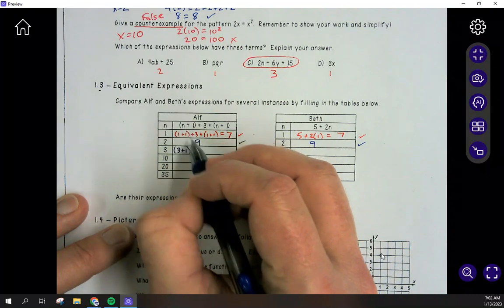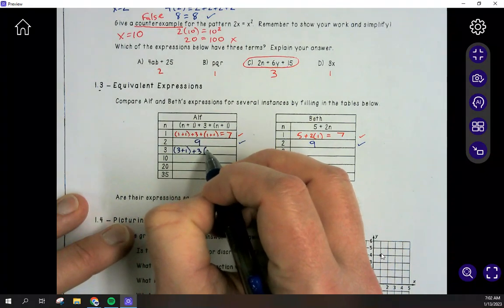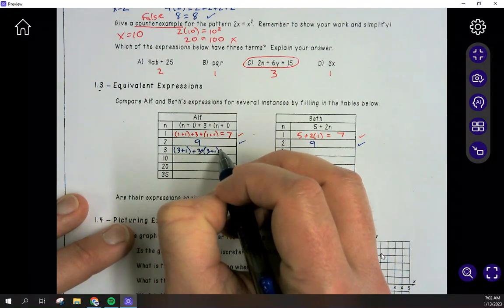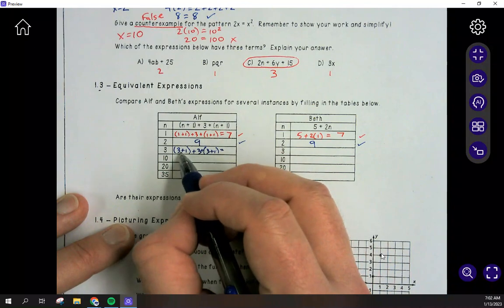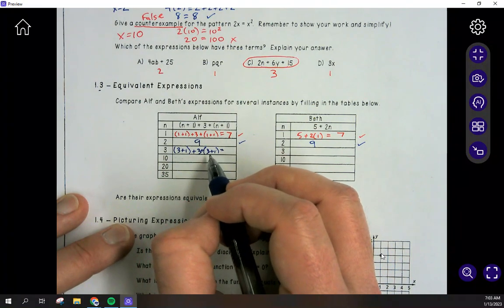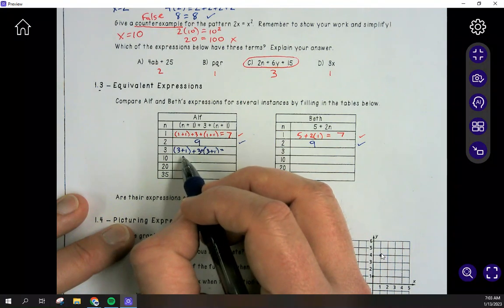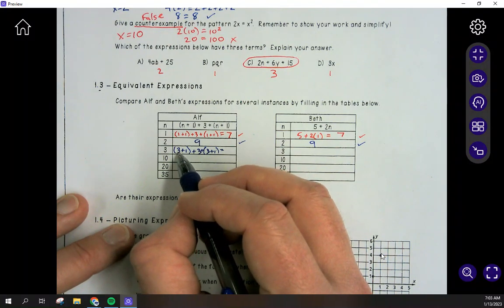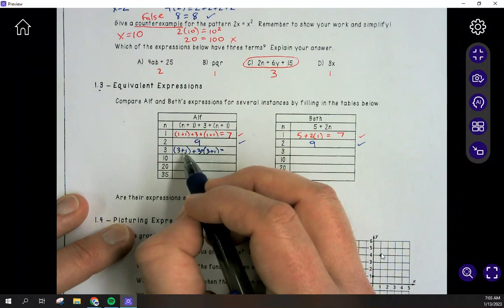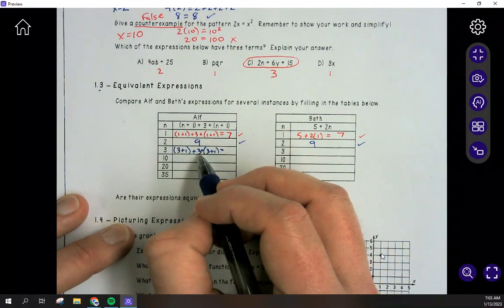I'll write this one out just so we can see it. 3 is now being substituted in for n. So these are both 4s because it's 3 plus 1. So 4 plus 3 is 10 plus, right, this is 4. 4 plus 3 is not 10. 4 plus 3 is 7.